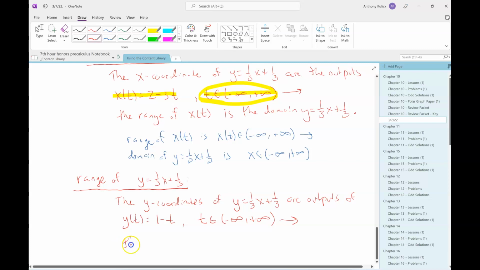So this says again that the range of y of t is going to give us the range of our Cartesian function.